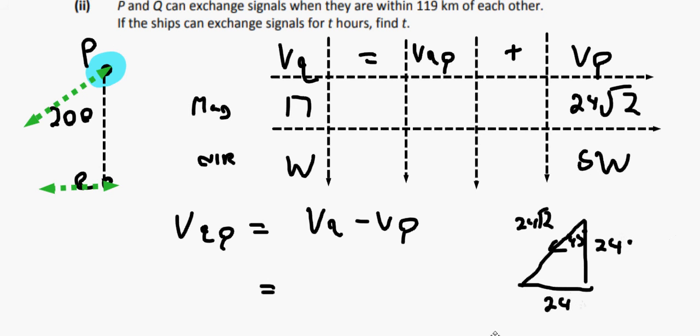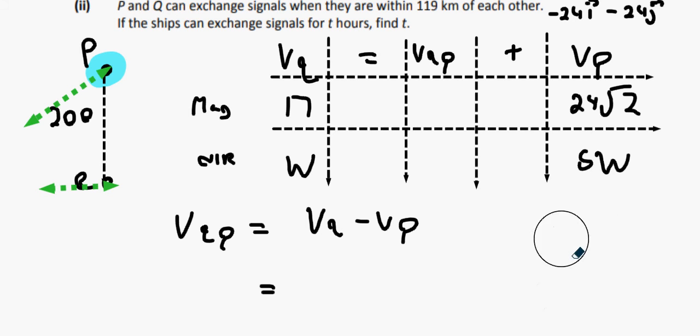Alright, so that's 24i minus 24j. Is that alright with you guys? VP is 24i minus 24j. Right, this question is actually quite easy.